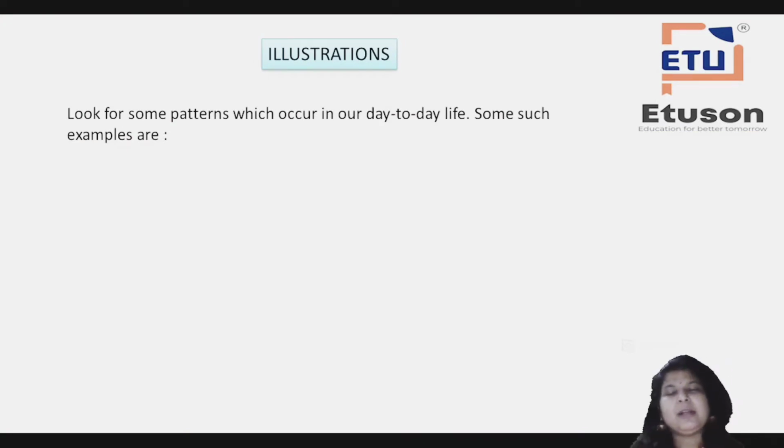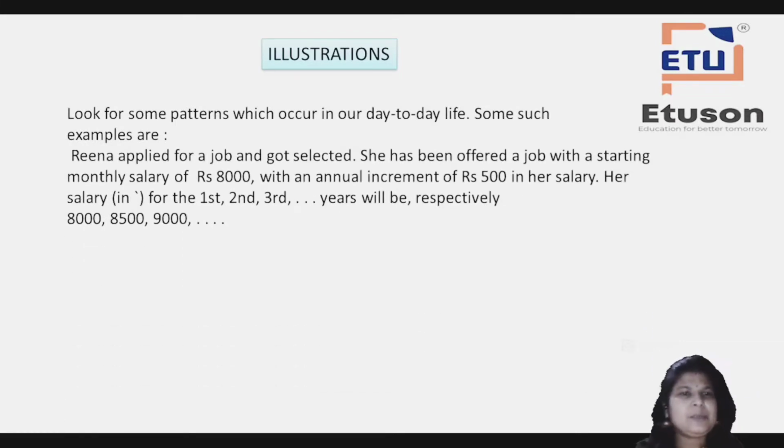So before understanding the concept, let us look at some patterns which occur in our day-to-day life. Some such examples are: suppose Rina applied for a job and got selected. She has been offered a job with a starting monthly salary of rupees 8,000 with an annual increment of rupees 500 in her salary.